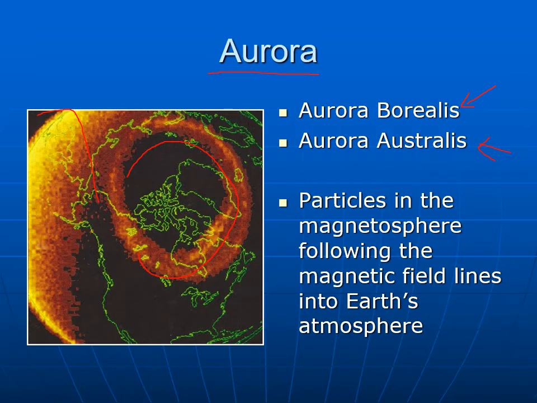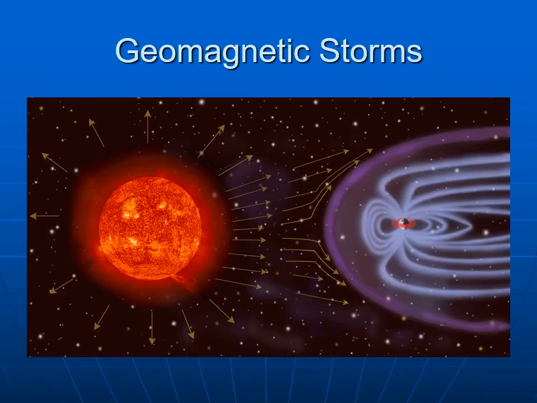Now, there's something that can sometimes happen, and that is that particles from the sun can sometimes come as a giant blast, which slams into Earth's magnetic field and actually can cause the magnetic field to shift somewhat. And when that happens, the Van Allen belts can shift a little bit.